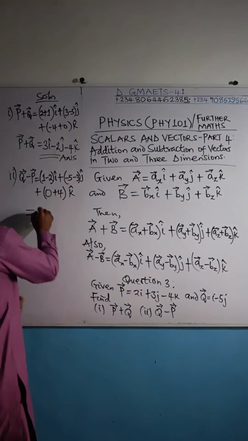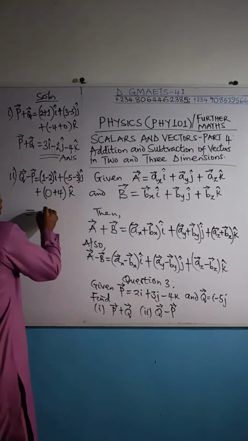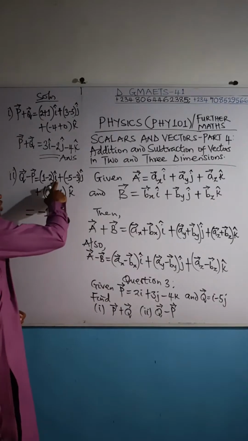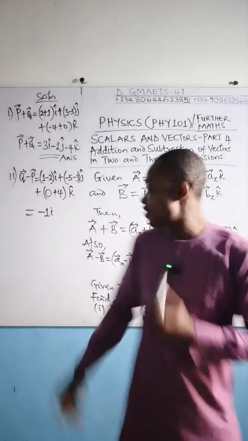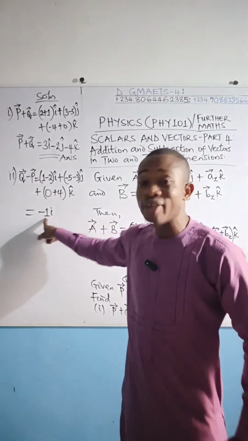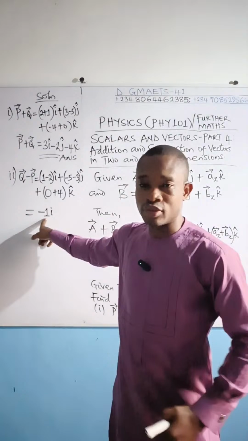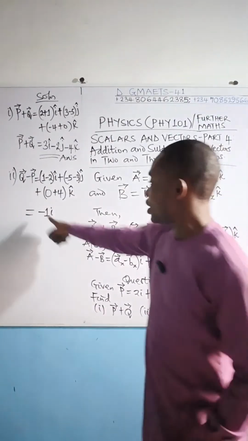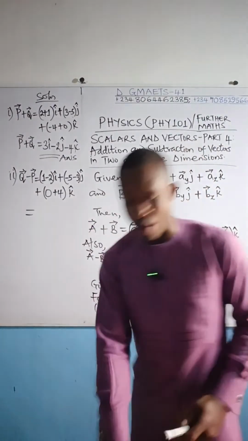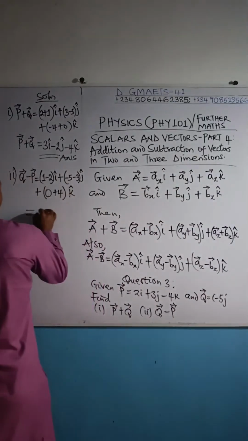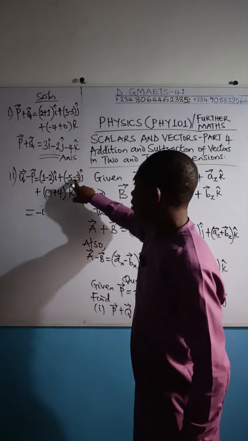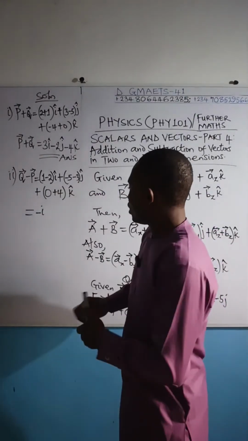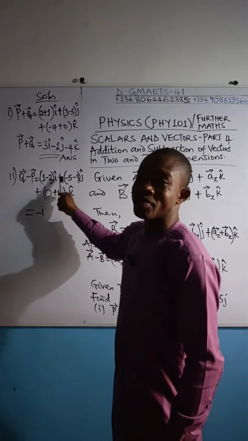Let's simplify this quickly. 1 minus 2 is minus 1. So it's meant to be minus 1 and then multiplied by I. And of course, you know that whenever 1 multiplies a term, that 1 becomes invisible. So we just leave the sign there as minus I. Are you following, right? Minus I. Then come to this term. Minus 5 minus 3 is minus 8. So you now have plus times minus 8.